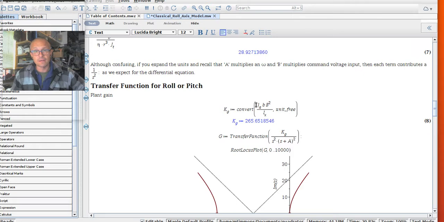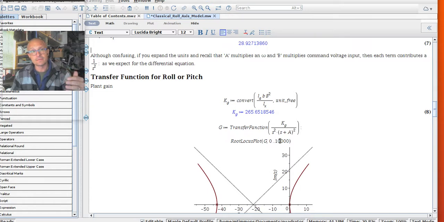We had that, call it our plant gain, K sub G, that's in the numerator, and then our transfer function is a double pole, so it's a classic double integrator control problem, and then another double pole at A. And this is the primary value of this simple classical design approach up front, because through this we can really appreciate what limits the response time of our plant.